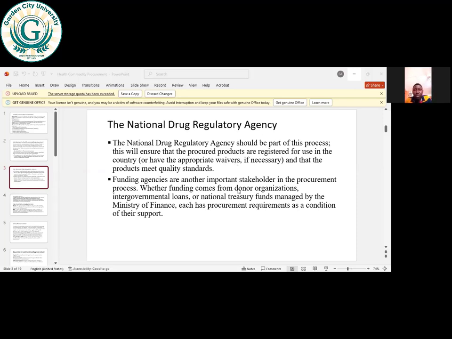So another important stakeholder group we can talk about is the National Drug Regulatory Agency. In Ghana here, we have the Standard Board, we have the Food and Drugs Board. But I don't know within the ministry if they have another agency that decides on the national essential drugs, the drugs that in Ghana we can buy. You know that there are some drugs that we've not registered in Ghana, so those drugs cannot come in.